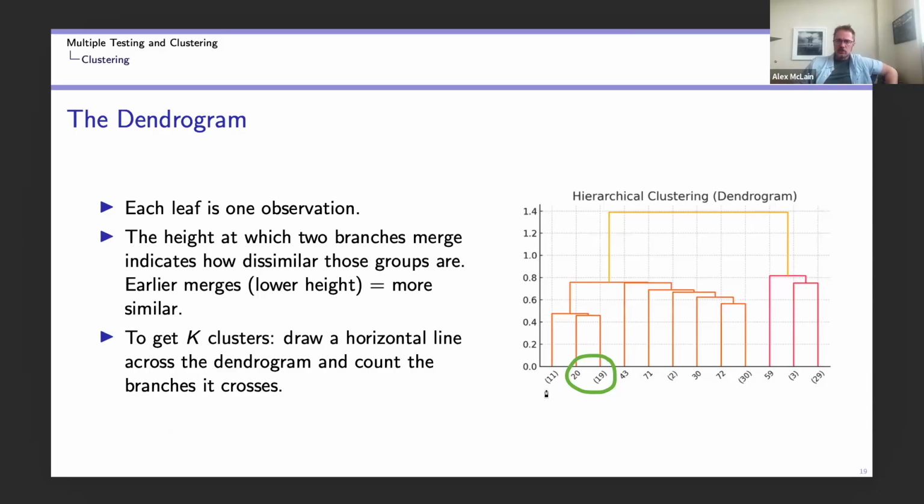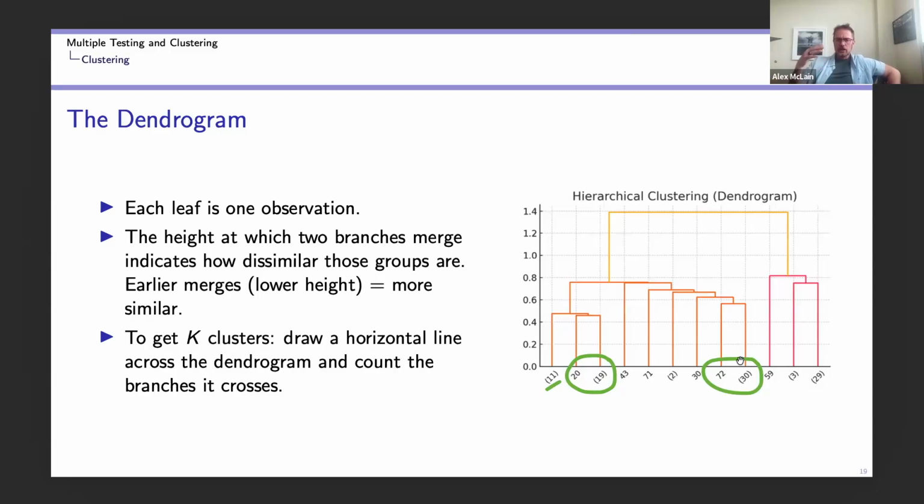Then observation 11 was grouped with them, creating a cluster of 3. That would be the second step. The third step, combine observations 72 and 30. And it looks like we have 2 30s here, 30 with parentheses, 30 without parentheses. I'm not sure how that works. But you can see how this goes along.